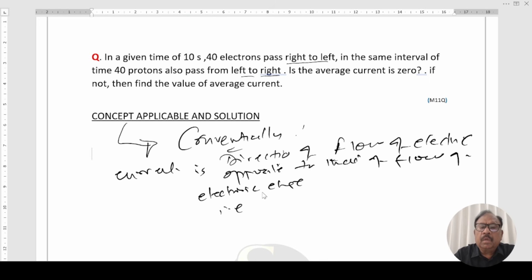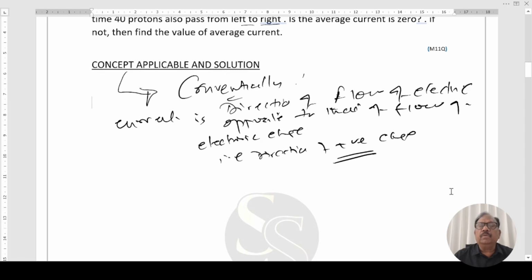That is, the direction of flow is the direction of positive charge. According to the question, I equal to Q by T. This you know.